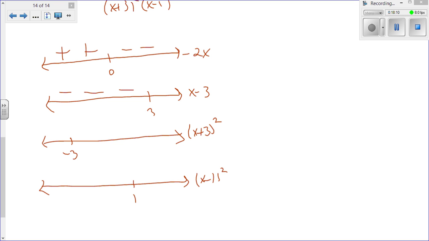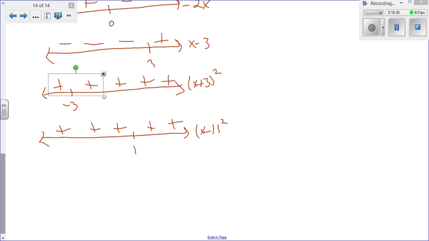Put a number greater than 3, I'd get a positive. For my next two number lines, everything's going to be positive because no matter what value I put in, I have to square it at the end, so that's positive. And same thing for this one. Now, if I wasn't squaring those, that wouldn't happen.